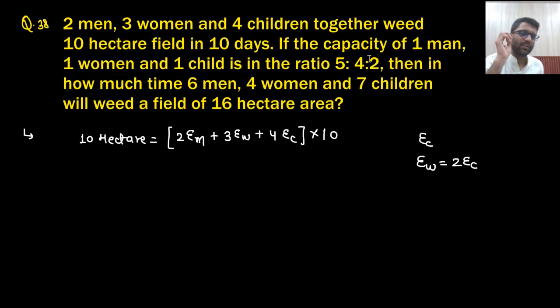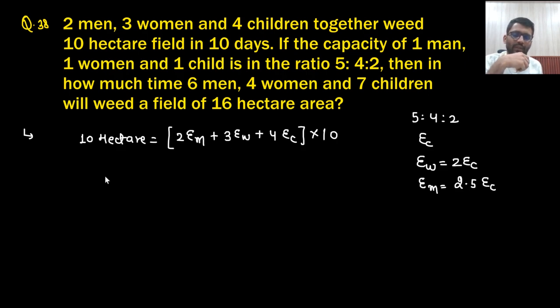Say yes or no? Because it is doubled, 5 to 4 to 2. Woman has double the efficiency of the children. And what will be the efficiency of a man? That would be 2.5 times of the children. Right?